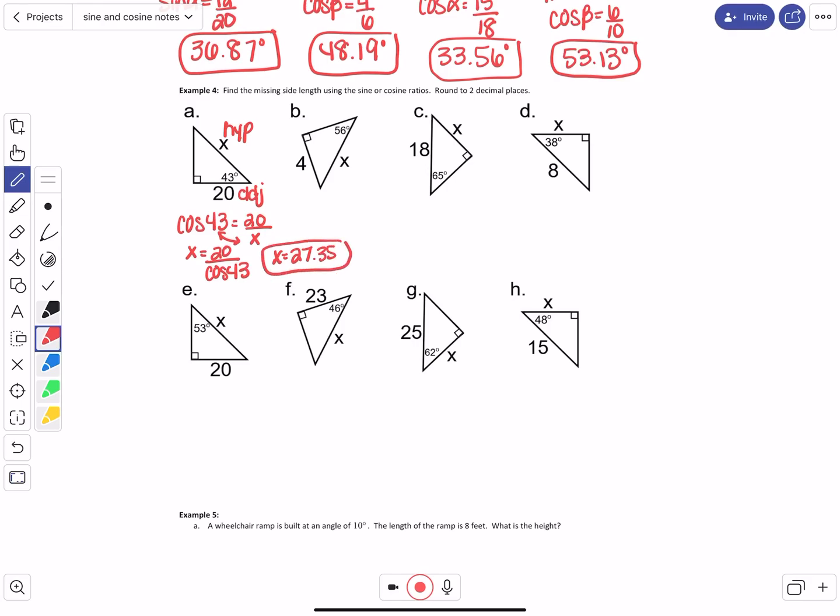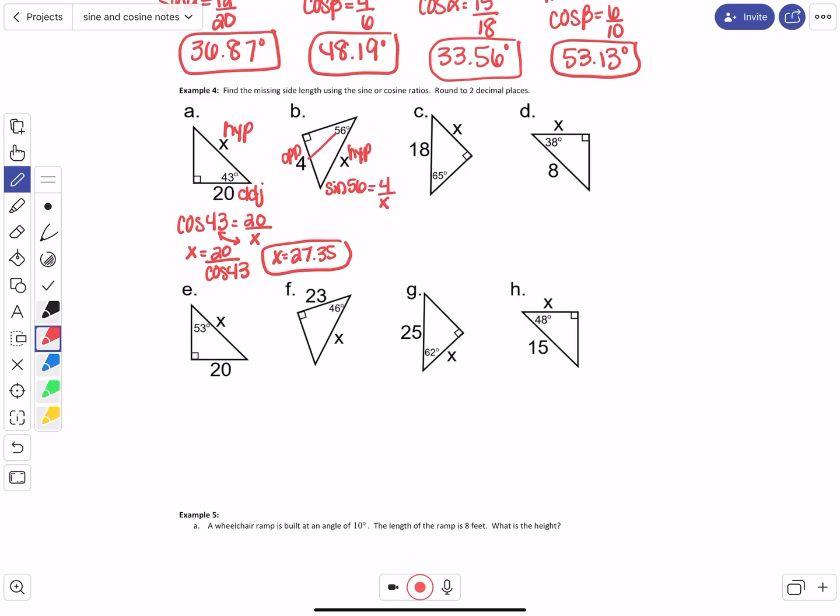Okay. So for our next one, here's my hypotenuse. Here's 56. We're going across the triangle this time. So that means this is opposite. So opposite and hypotenuse means I'm using sine. So sine of 56. Remember, your angle goes immediately after whatever trig function you're writing, equals 4 over x.